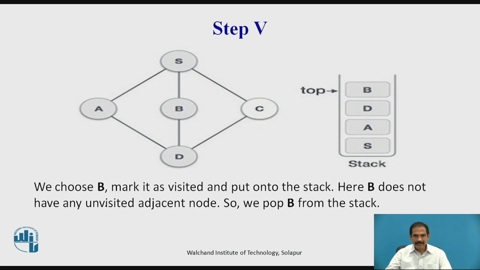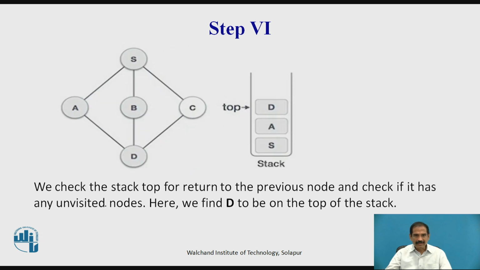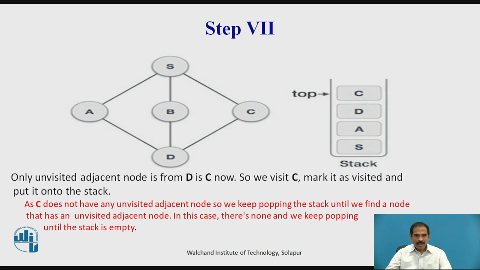Popping is done in the last in first out fashion. We check the stack top to return to the previous node and check if it has any unvisited nodes. Here we find D to be on the top of the stack now. The only unvisited adjacent node of D is the remaining C. So we visit C, mark it as visited, and put it onto the stack.